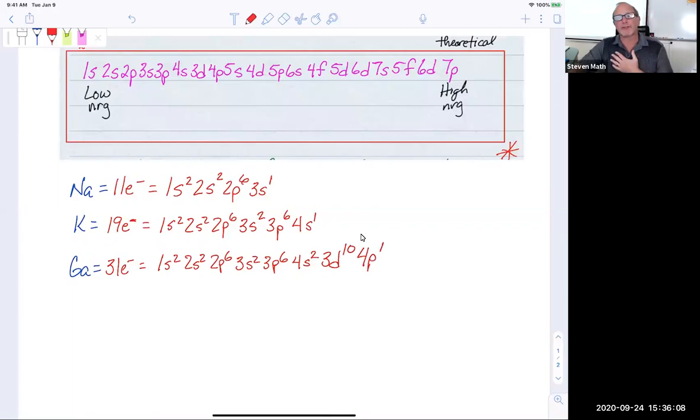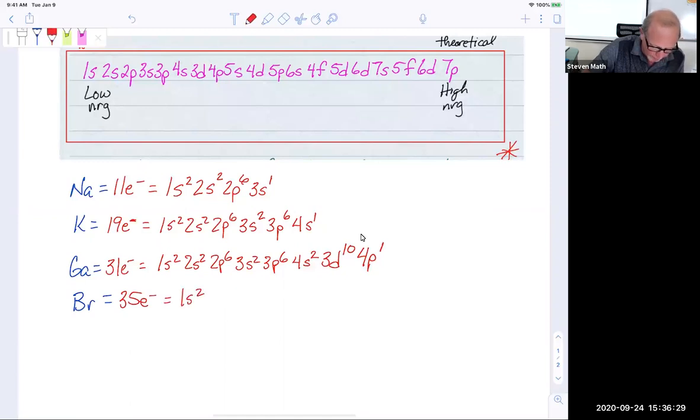Now this is a coincidence, and I just keep ending everything in one electron. It doesn't always end in one electron. Let's do one real quick that doesn't end in one electron, just so we don't go propagating that. Bromine has 35 electrons.